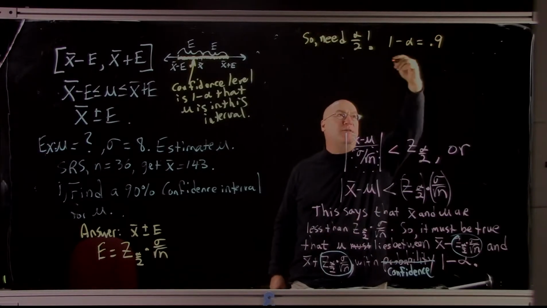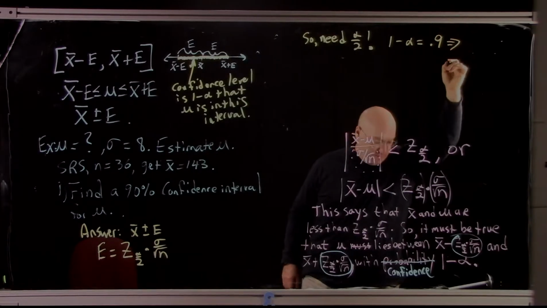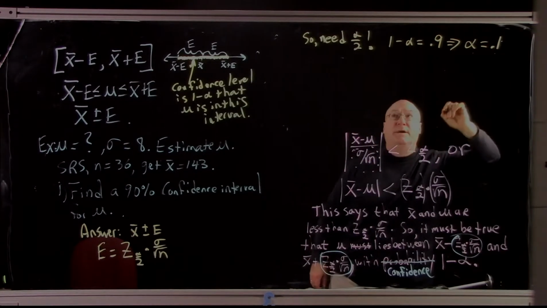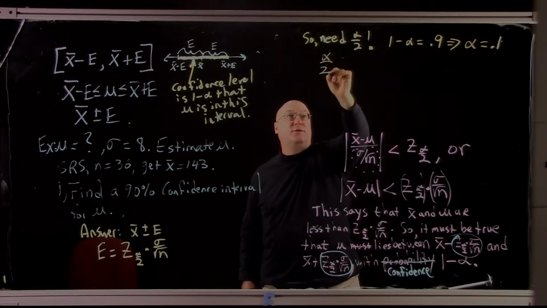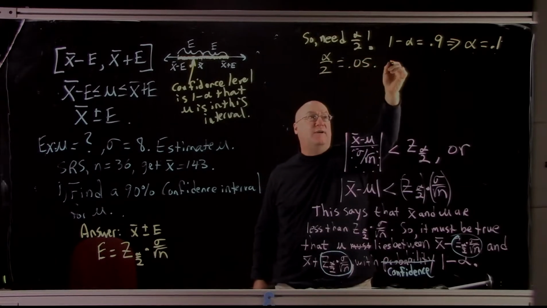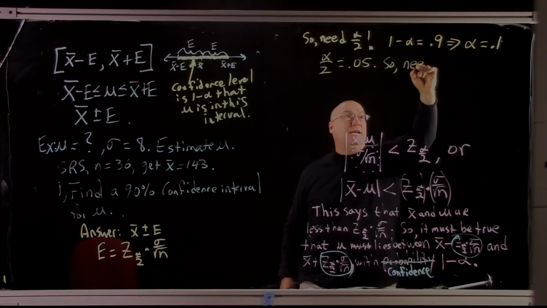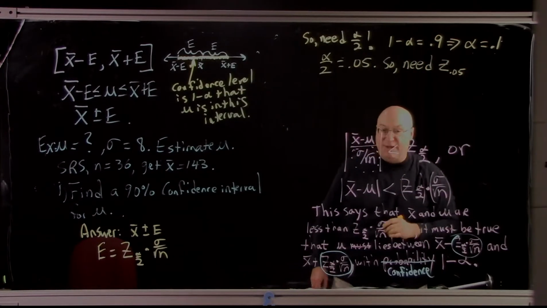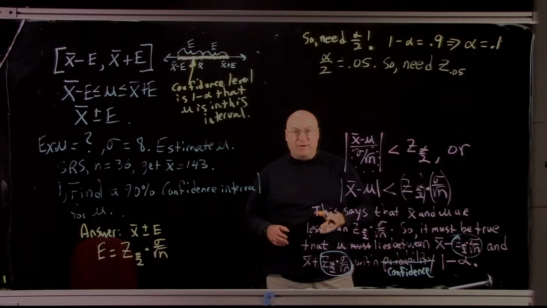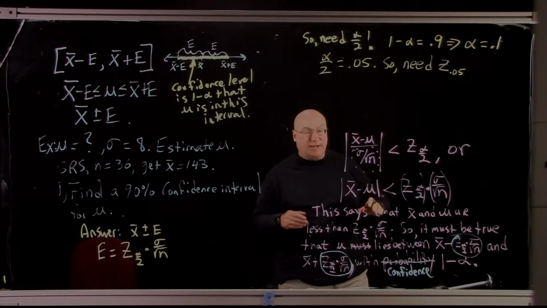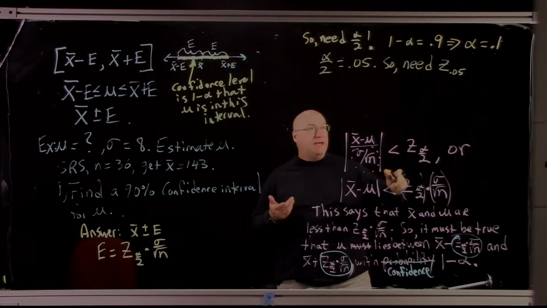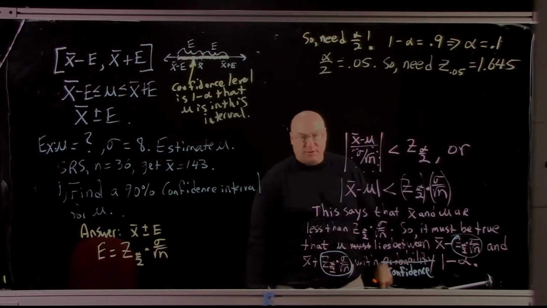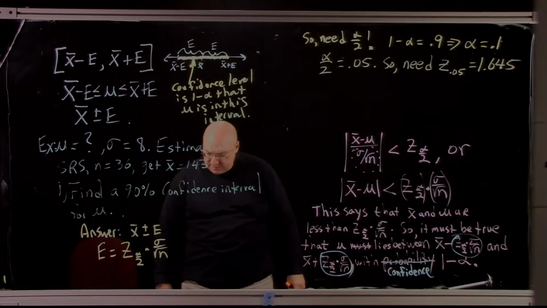So alpha is 0.1, and alpha over 2 is 0.05. So I need z of 0.05. That's the critical value that has 5% of the area to its right, and that is 1.645 if you look it up or if you don't already have it memorized.